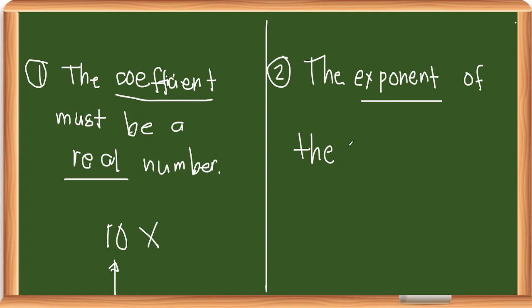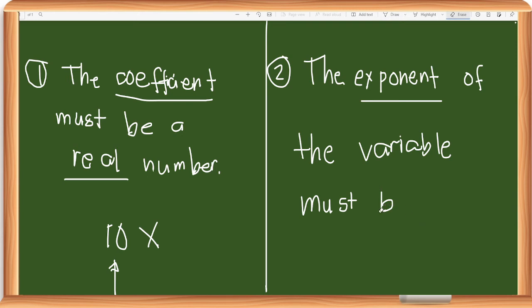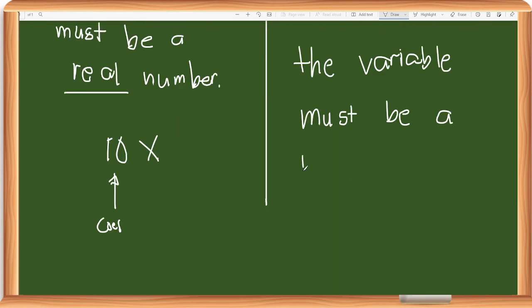So the exponent of the variables must be, it is a must that it must be a non-negative integer.